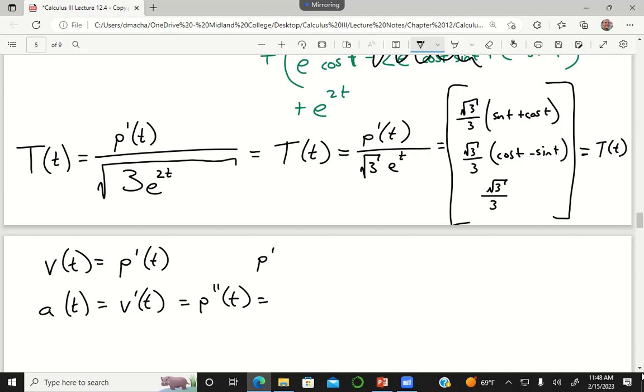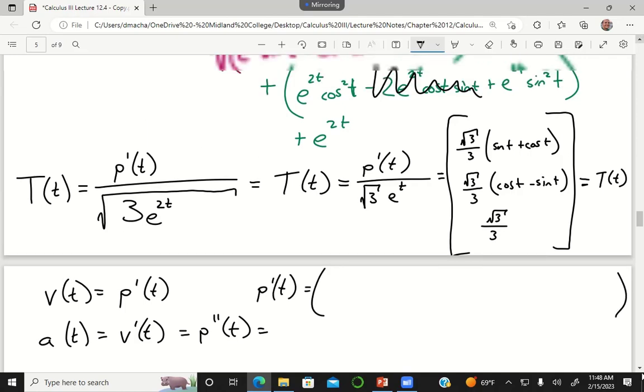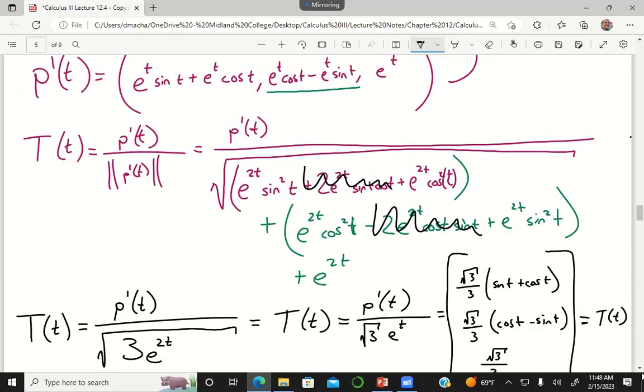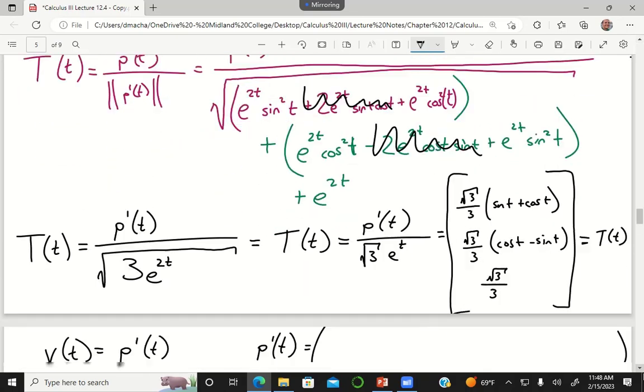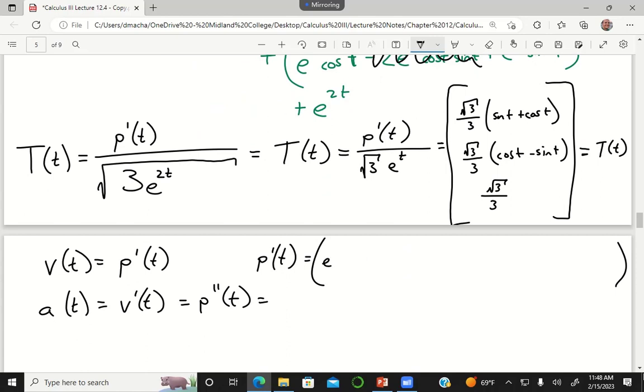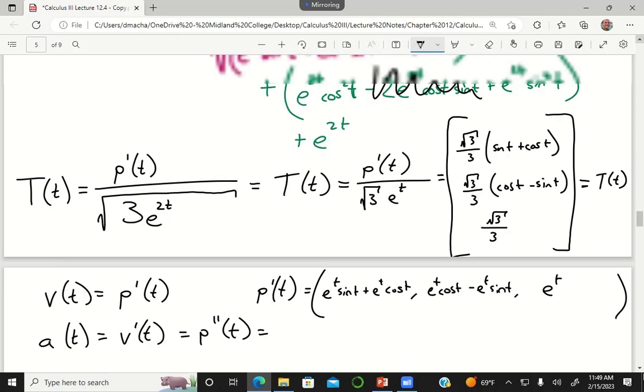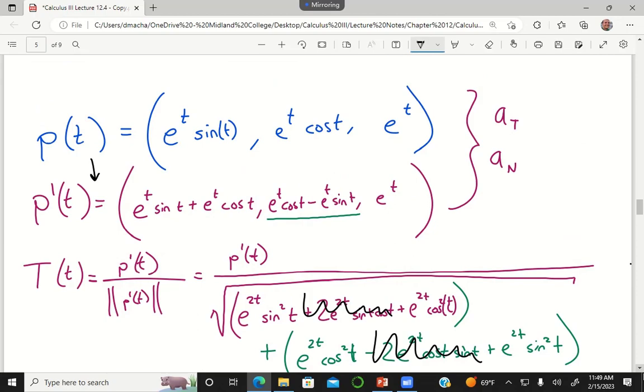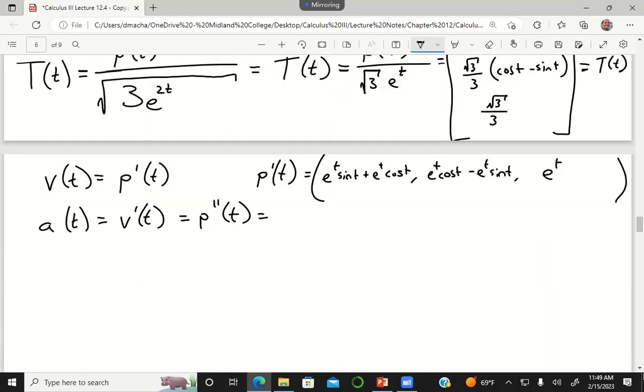I'm going to rewrite p prime of t. So p prime of t was e to the t sine t plus e to the t cosine t. And then it was e to the t cosine t minus e to the t sine t, I think. And then it was e to the t. Yes, cool. Okay, so that's p prime. I just need to take the second derivative, or the derivative of that.